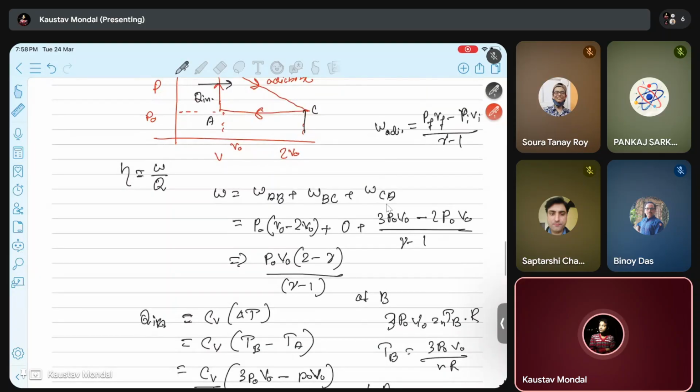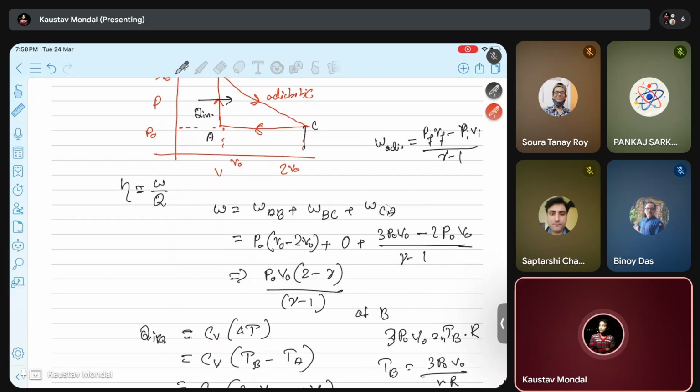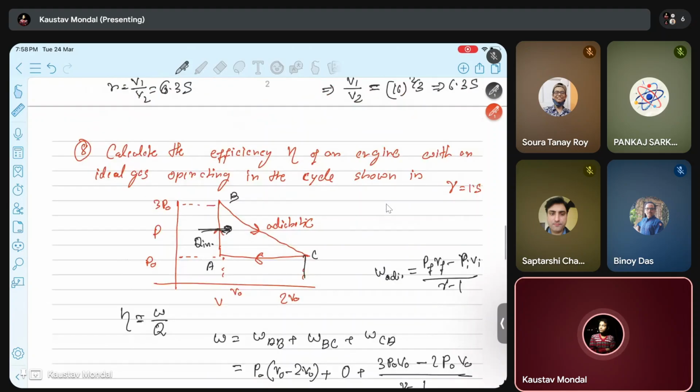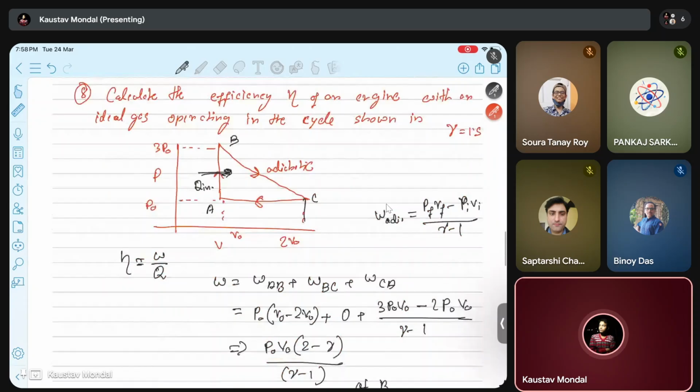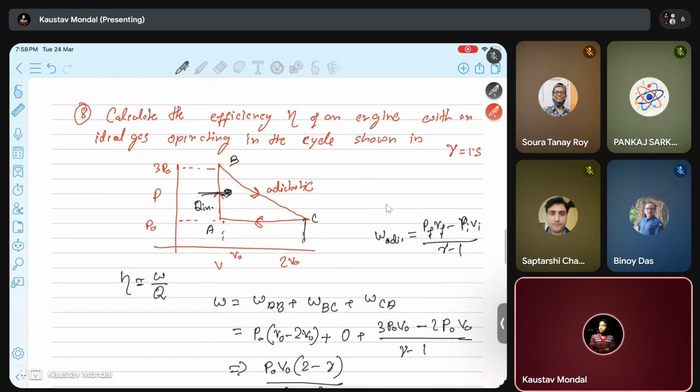So this is simple. So basically you have to calculate the work done for each of the processes, and next you have to calculate the heat input. Okay. So since here the heat input sign is positive, heat is getting inputted during this process only. So after calculating all of this, you can easily calculate the efficiency. Okay.